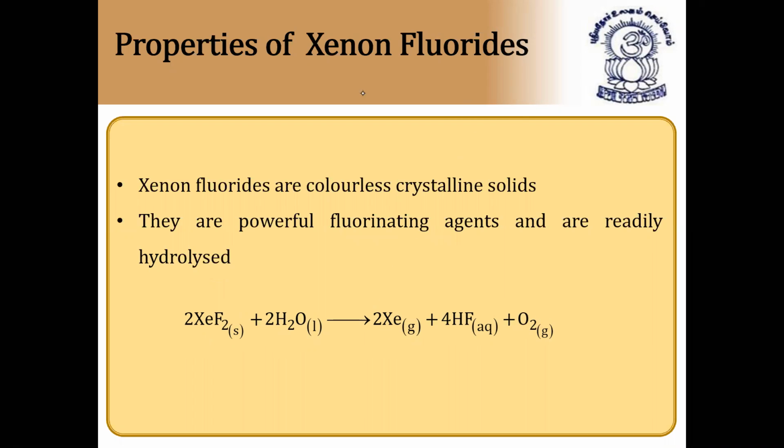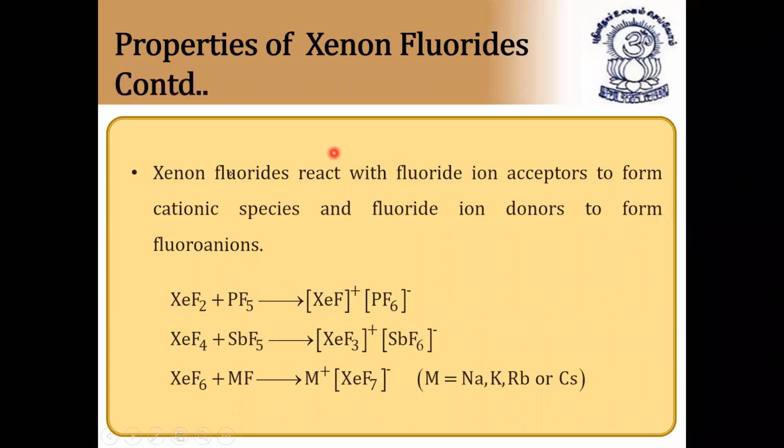Next, continuation. Xenon fluorides react with fluoride ion acceptors to form cationic species and with fluoride ion donors to form fluoroanions. This is a very, very important concept for JEE Mains, Advanced and NEET, for all entrance exams. Fluoride ion acceptors means PF5.